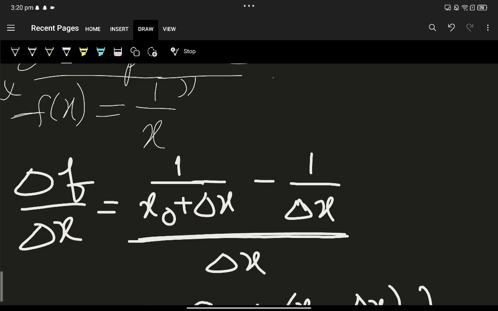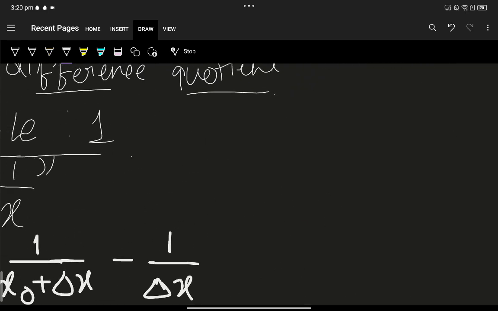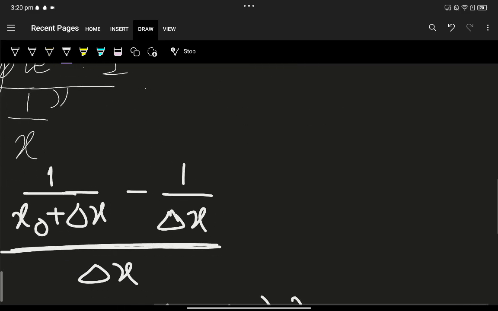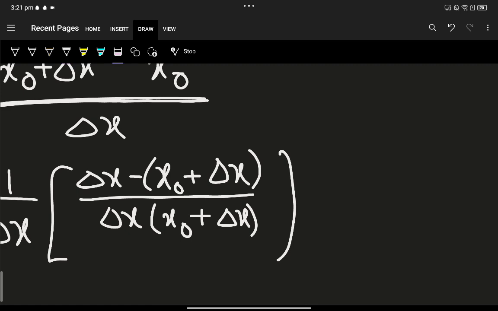Oh no, it's actually not correct. As you can see, it is f of x naught, not f of delta x. It will be 1 by x naught and not delta x, and here it will be x naught plus delta x, and the denominator will be x naught multiplied by x naught plus delta x.